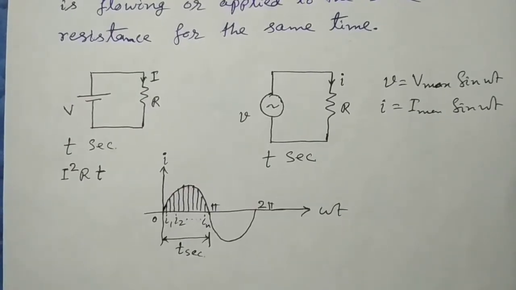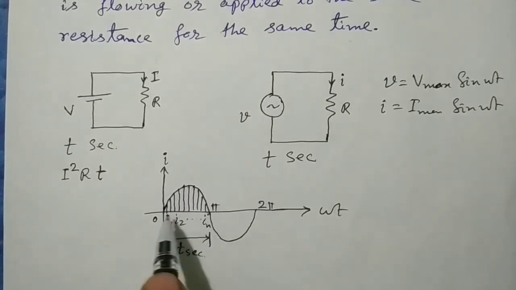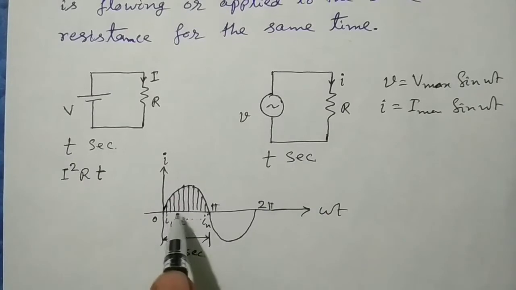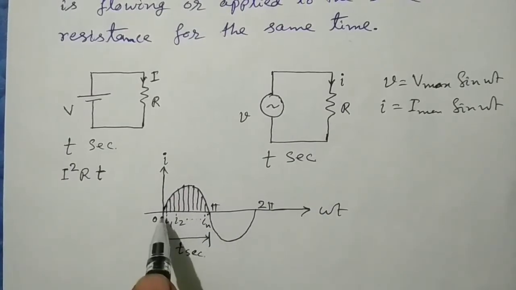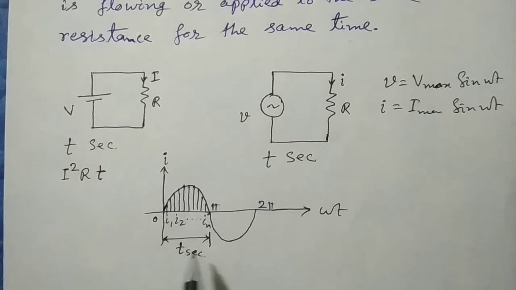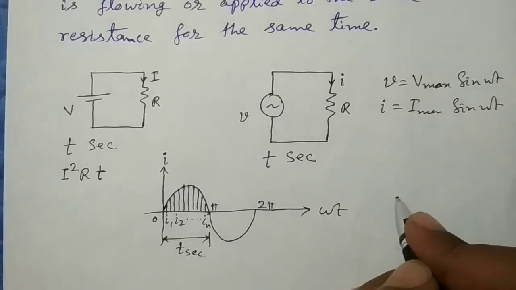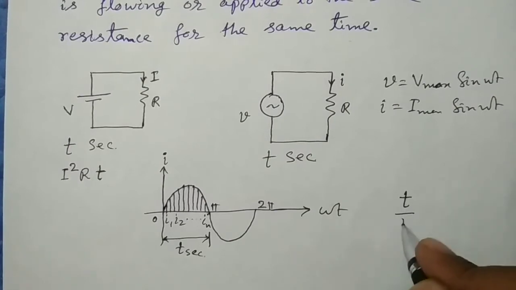Therefore, each current segment will last for T by n seconds, because we divide the positive half cycle into n segments, i1, i2, i3, i4 up to in, and we assume the total time taken to complete this positive half cycle is T seconds. Therefore, each current will exist for T by n seconds.